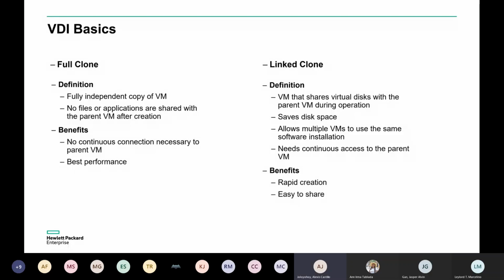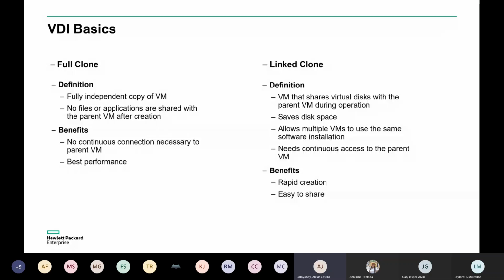One of the benefits of a full clone is that because it is fully independent, it has the best performance, and it does not need to keep a connection to the parent VM. A linked clone shares a virtual disk with the parent VM.